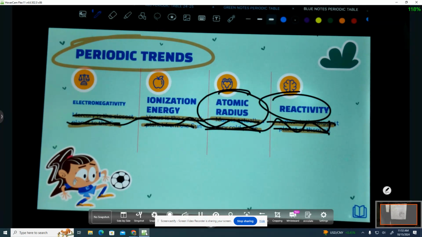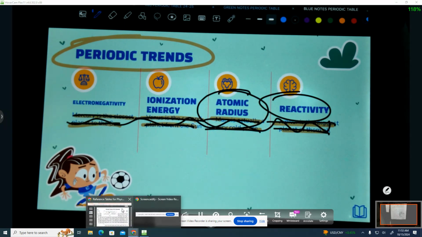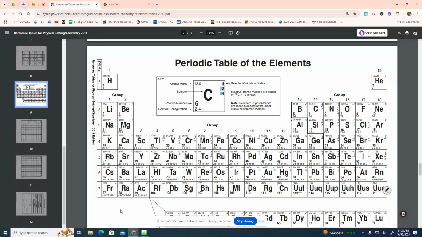Atomic radius. You don't need to memorize the trend. You need to flip your reference tables to table S, as in Sally sells seashells by the seashore. It's the next one after the periodic table.